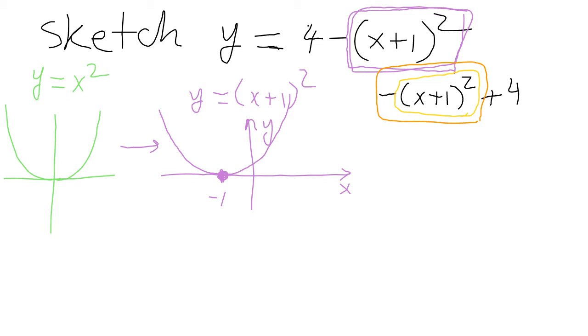So the next step to do what? No, before up, we have a minus. Reflection about what? About x-axis. We have to reflect this function. This one has to be reflected about x-axis. Why? Because there's a minus before it.